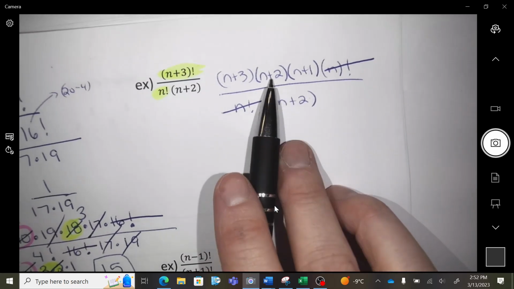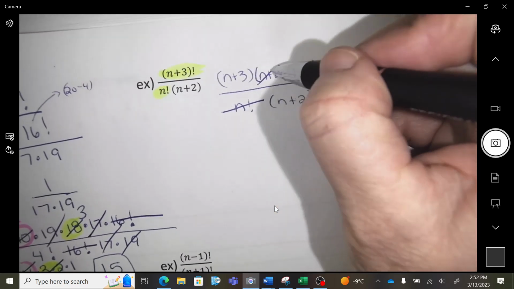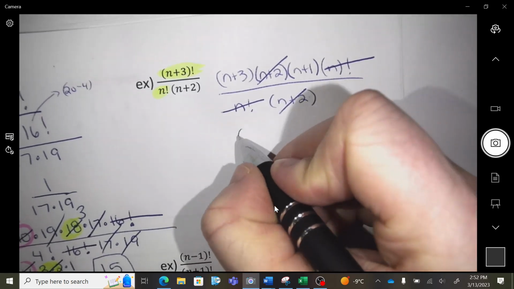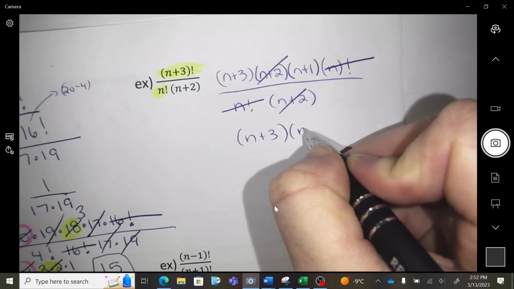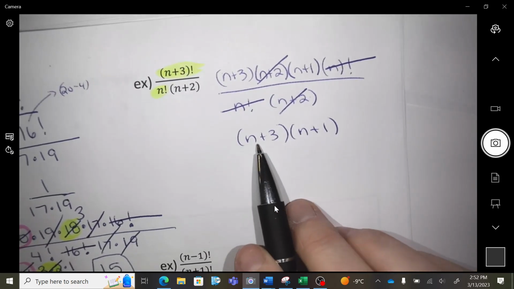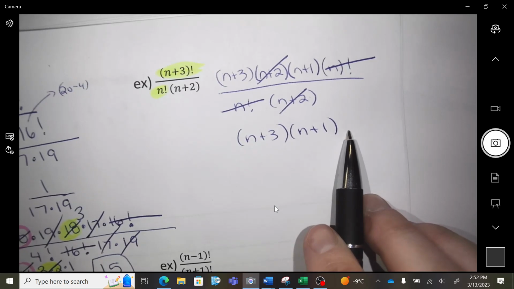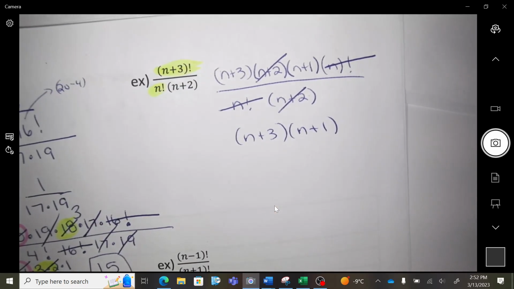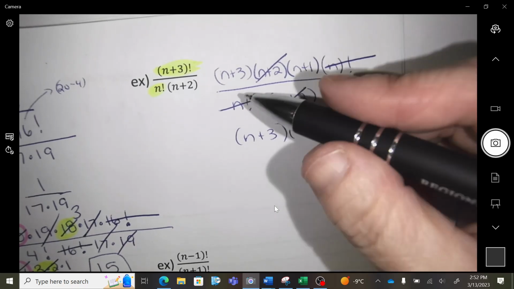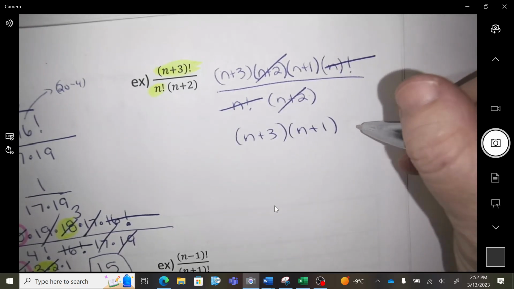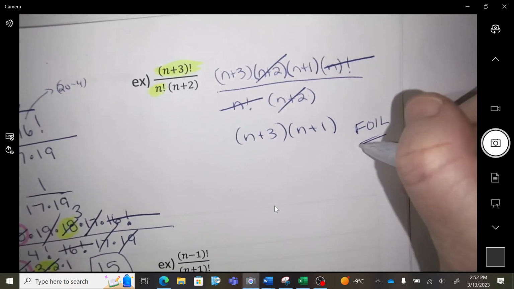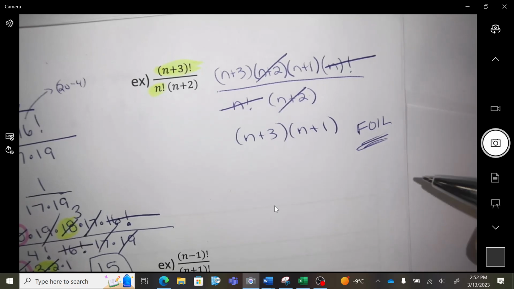Then we have this individual canceling this individual. So I'm left with this, and the title of the question said simplify. So what do you do when you simplify something? You need to multiply it to simplify it, which would mean foiling.